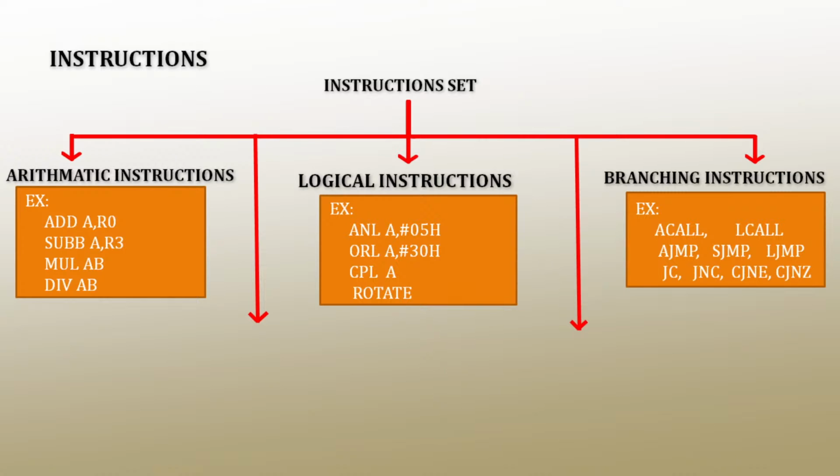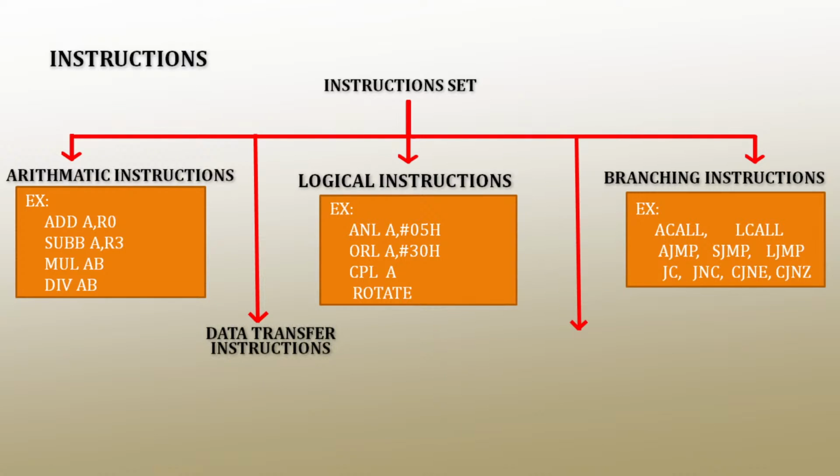These are all the instructions for branching. That means flow control is branched to some other instruction, that is called branching. These instructions are used to branch the flow control. So these instructions are known as branching instructions.